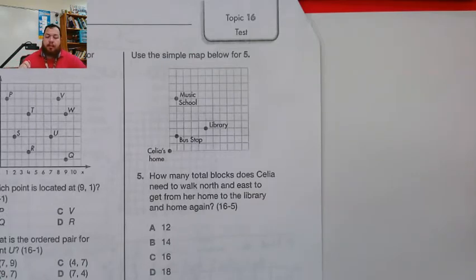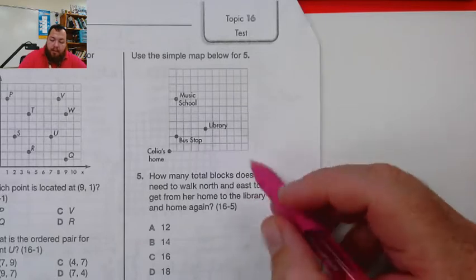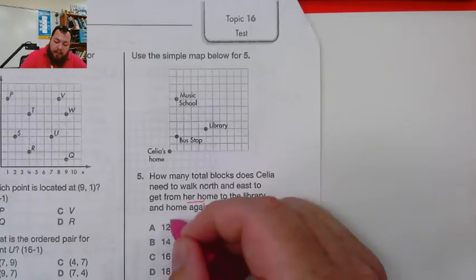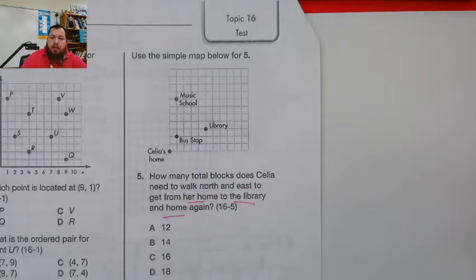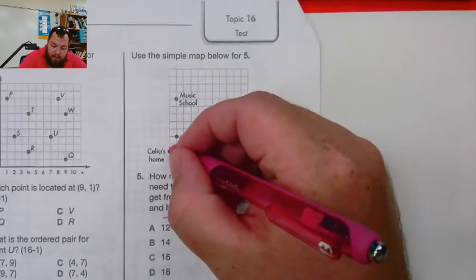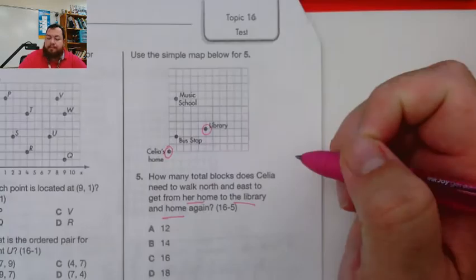Hey, Jelly Bean. So what we got to do is we're gonna walk from her home to the library and then back home again. So we need to figure out how many blocks north and then how many blocks east. So first we need to find Celia's home is right here and then the library is right here.